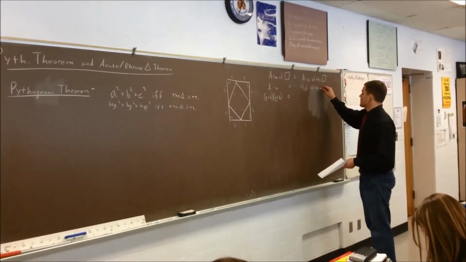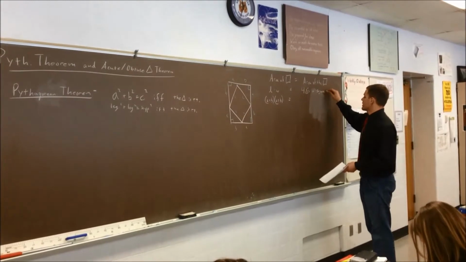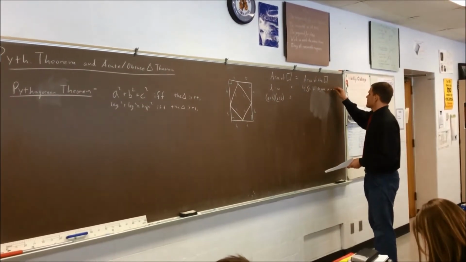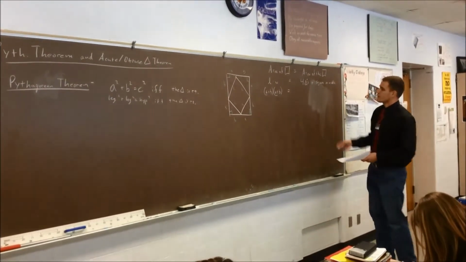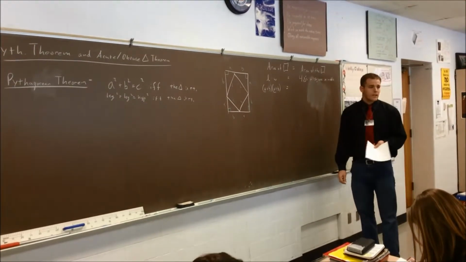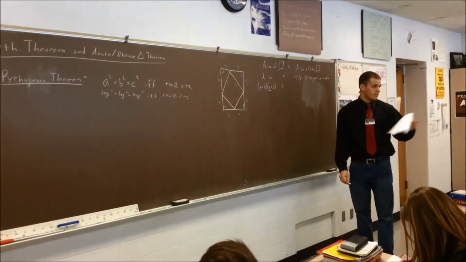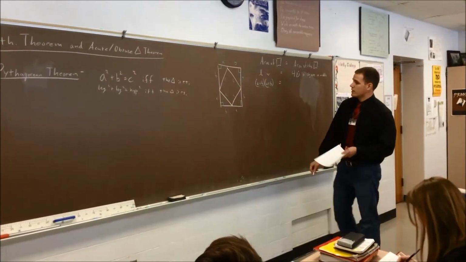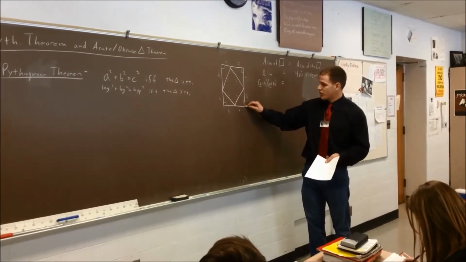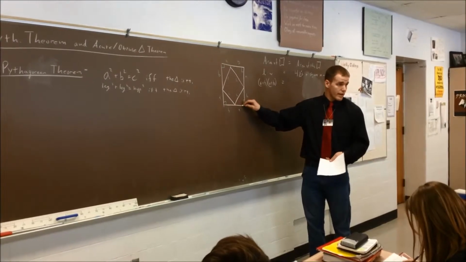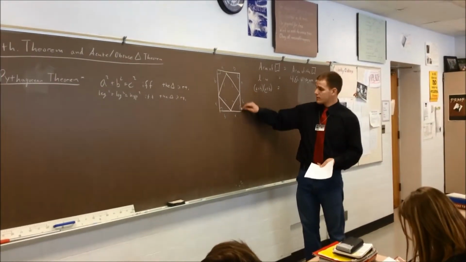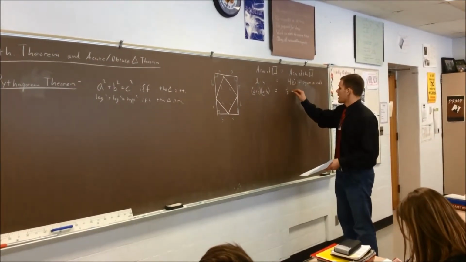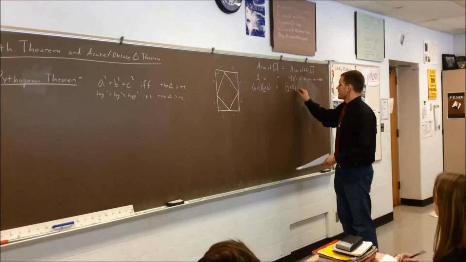Plus the square in the middle. All right, so what's the area of a triangle? Everybody, shout it out. 1/2 base times height. So we're going to do 1/2 the base of this triangle, which is A, the height of it, which is B. 1/2 A times B gives me the area of one triangle.